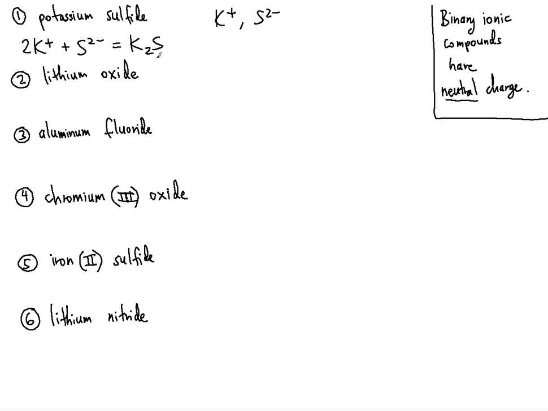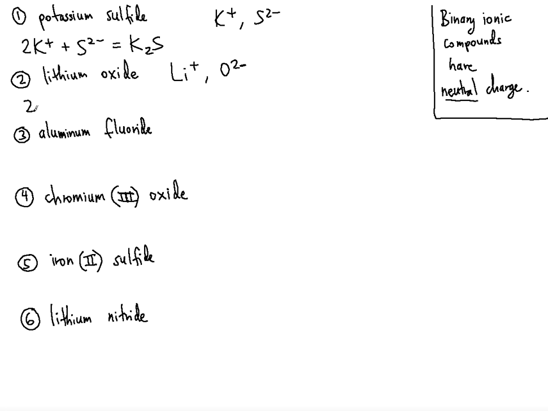Now the lithium oxide. You know that the lithium has 1 positive charge, and oxygen has 2 negative charges per every ion. So you will need 2 lithium ions per every 1 oxygen ion.